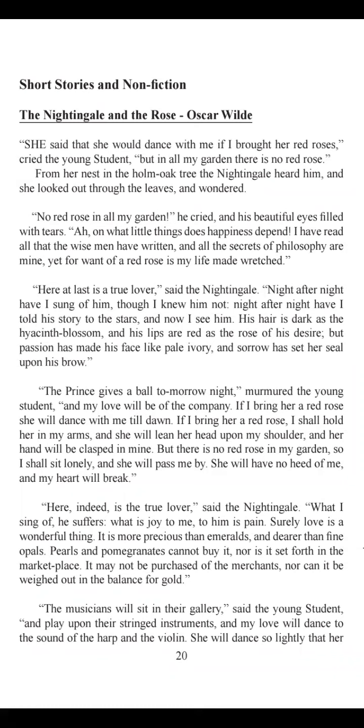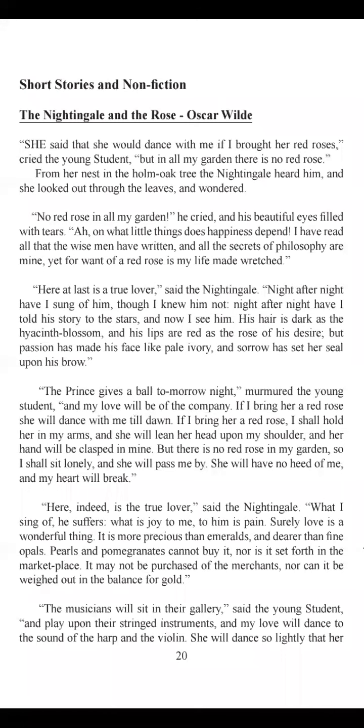"The prince gives a ball tomorrow night," murmured the young student. So the young student is now talking to himself that a prince is giving a ball at night. That means they can dance there in the palace. "And my love will be of the company." Now he's dreaming, suppose that girl danced with him that night. "If I bring her a red rose, she will dance with me till dawn."